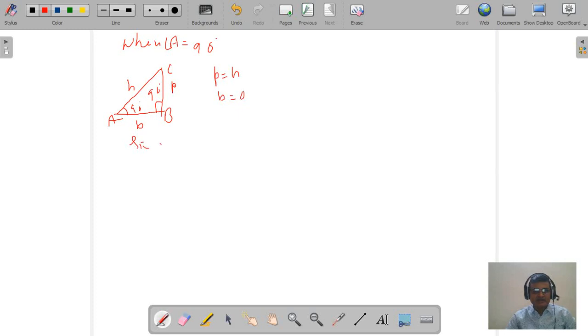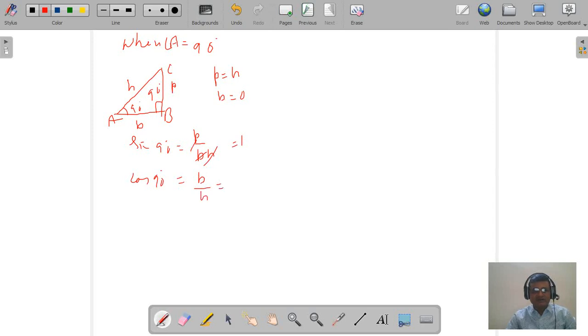So sine 90 degrees will be equal to P upon H, so P and H are equal, and this is 1. Similarly, cos 90 degrees is base upon hypotenuse.